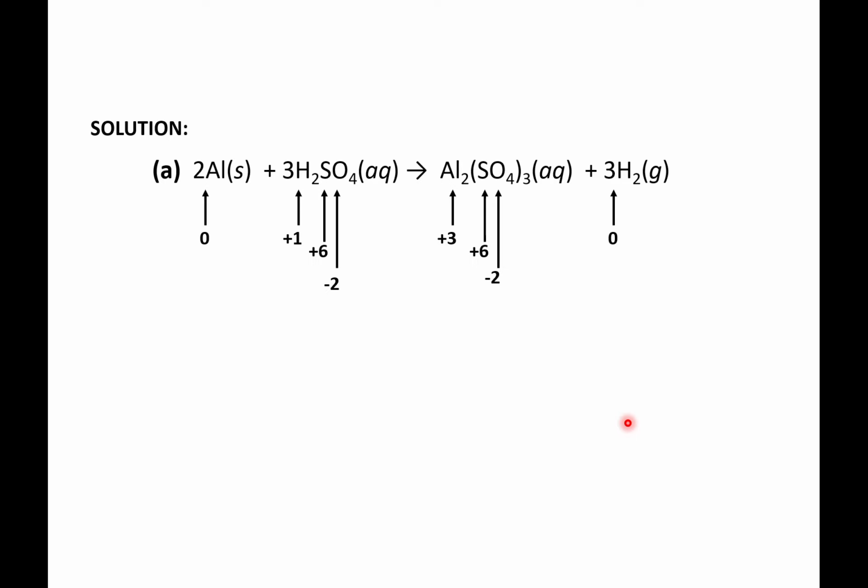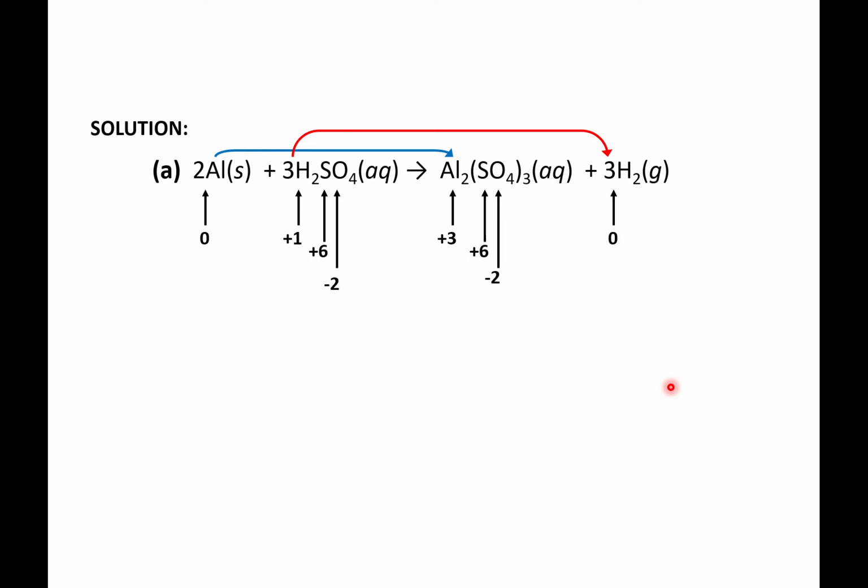Hydrogens are +1. When we look at the products, aluminum now is in a compound, and we could add up all the oxidation numbers for the 3 SO4s that are there, and we'd find each of the aluminums has to be in a +3 oxidation state. So it went from a 0 to a +3. Hydrogen now, since it's H2 gas in elemental form, is 0.